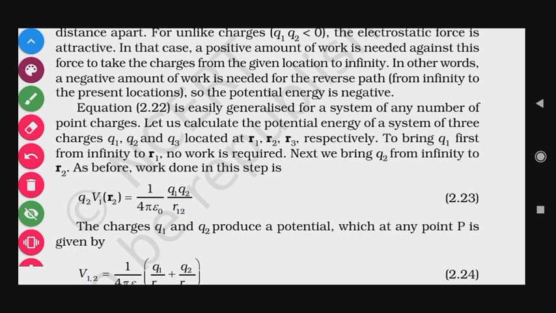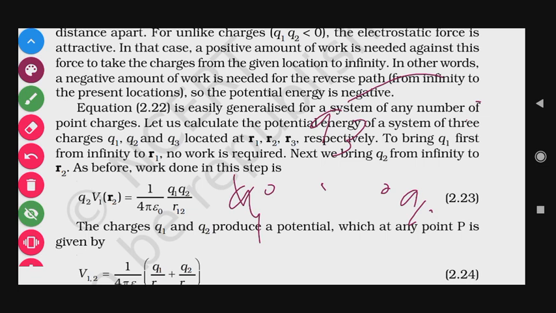We bring the first charge first; there is no work done. Then we bring the second charge, with work done against the potential of the first charge. Then we bring the third charge, with work done against the potentials due to the first and second charges. We add the three works to get the total work done, which is the potential energy of the system.